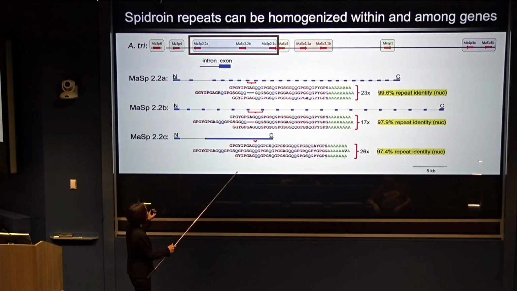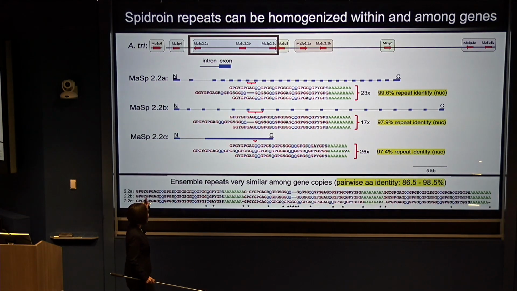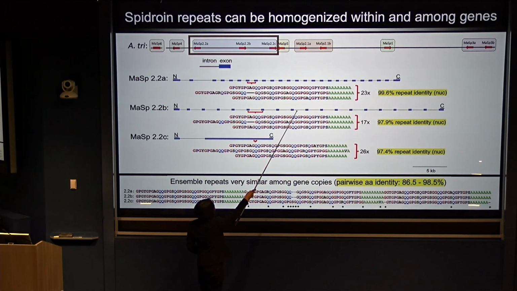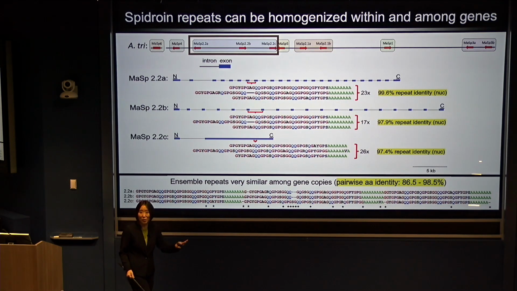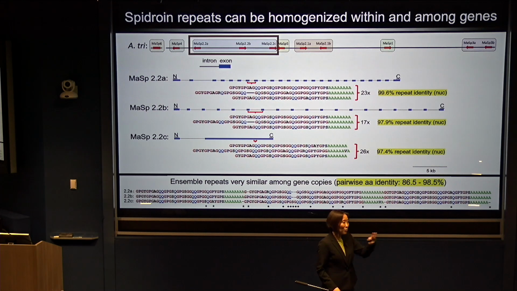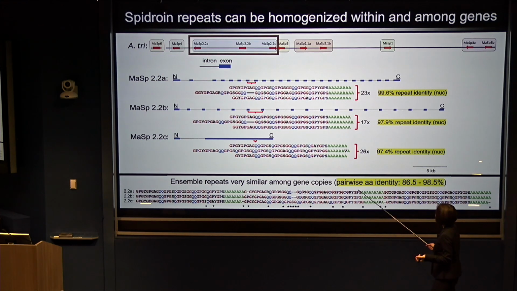So we're seeing that these higher level repeat units are highly identical to each other. And I can now take this repeat unit, this triplet that I'm calling an ensemble repeat, and I can take this one and align them to each other. Again, a very weird thing to be doing. We're aligning these repeats from the same gene and across genes. And you can totally align them, with a pairwise amino acid identity of 86.5 to 98.5%.